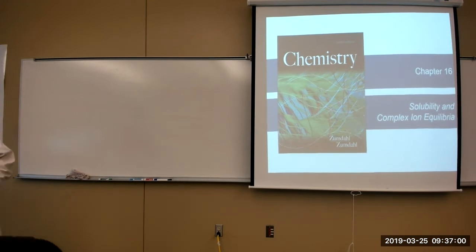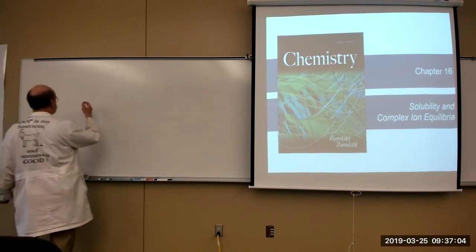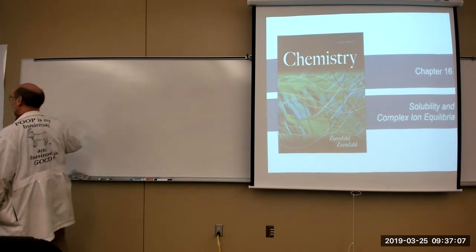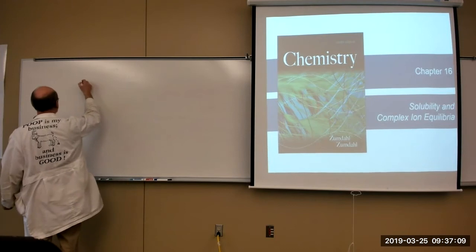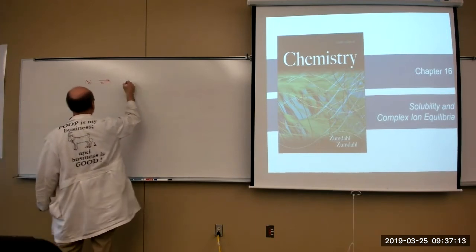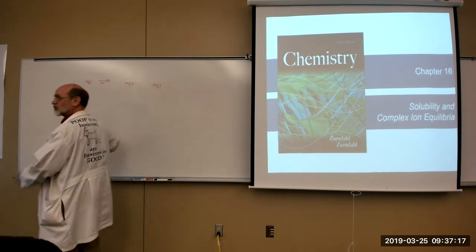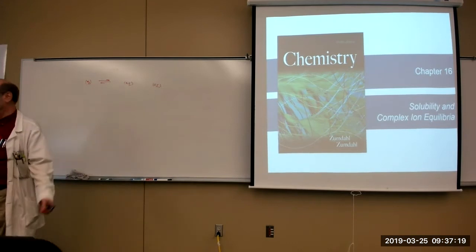A useful way to think of solubility versus complex ions is: in solubility, you start with a solid and you end up with usually 2 things in aqueous solution. That's it.